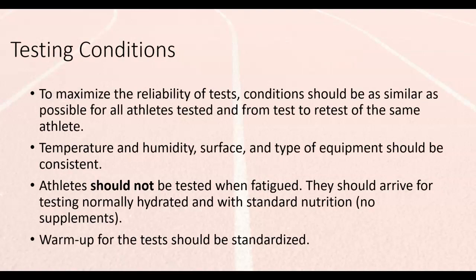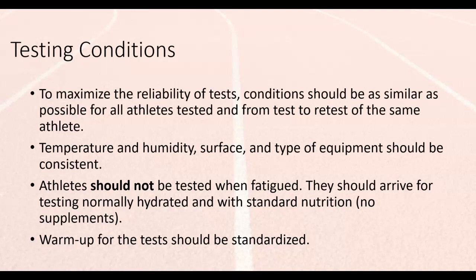Right, so when we talk about testing conditions, when we're about to test an athlete or a population, these are some key things you need to be aware of. Maximize the reliability of tests. Again, we talked about that in the last couple lectures. Conditions should be as similar as possible for all these athletes tested and from test to retest of the same athlete.